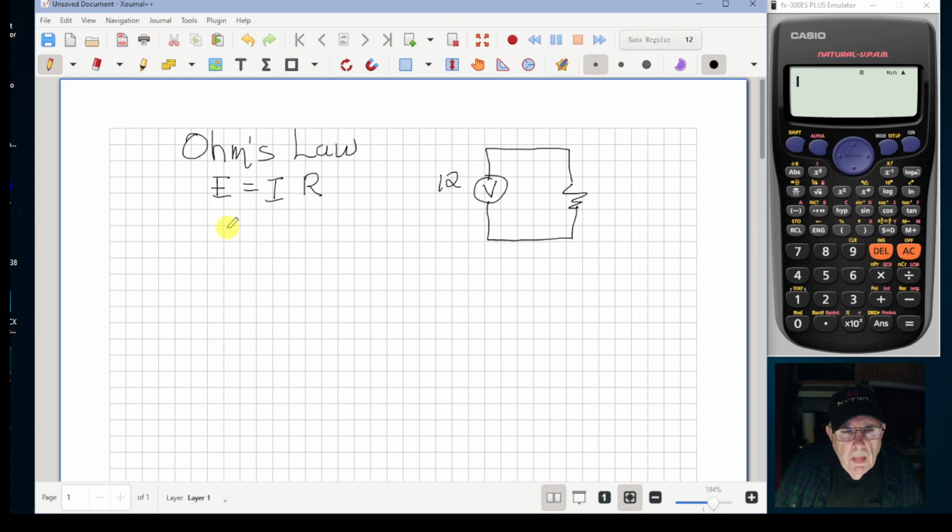All right. Now, first of all, you notice that there are no numbers in here. This is the general form of the equation. You'll also notice that I'm using the letter E. And those of you that are younger may wonder at that, scratching your head. Well, I thought they used V.